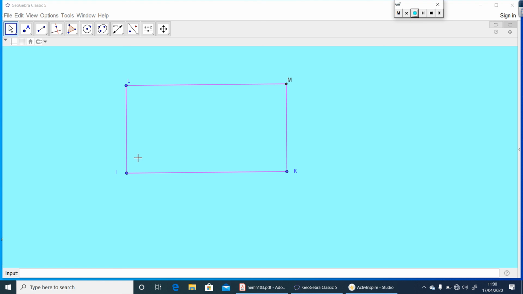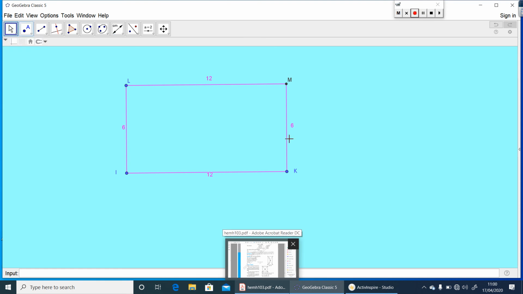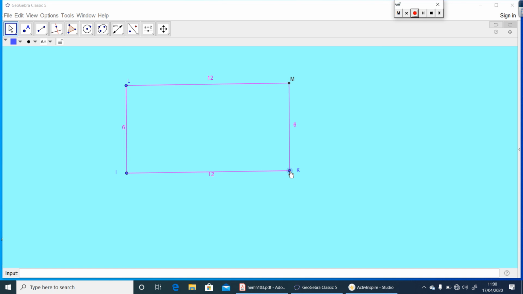Now let me measure the sides of this rectangle. Here IK is equal to 12. Then what is LM? That is also 12, because opposite sides are equal in length. Let MK be 6 units. Therefore IL is also 6 units. Now let me reduce the size of the rectangle.